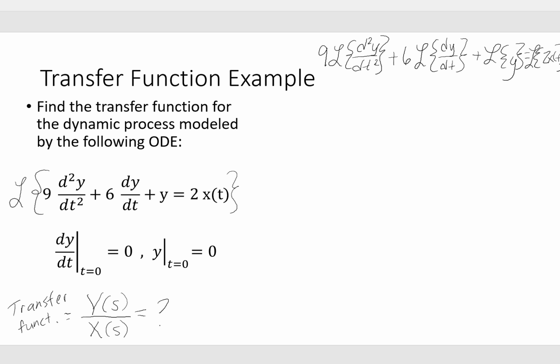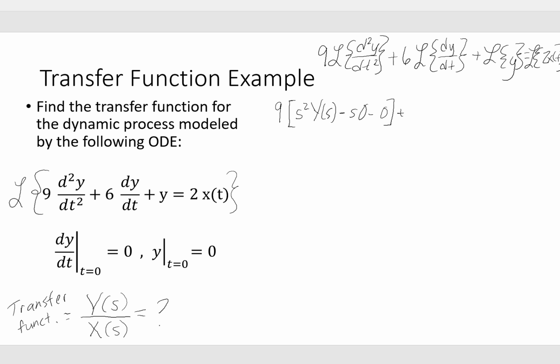So according to the second derivative, and if you need to go review your principles of derivatives, we could define that first term as, first of all, 9, and I'll start with some brackets, times s squared times the transform variable Y(s), minus s times the initial value condition for y, which is 0, minus the initial value condition for y prime, which is also 0.